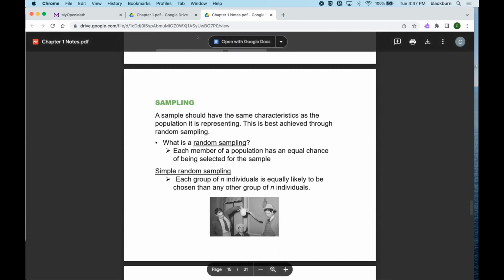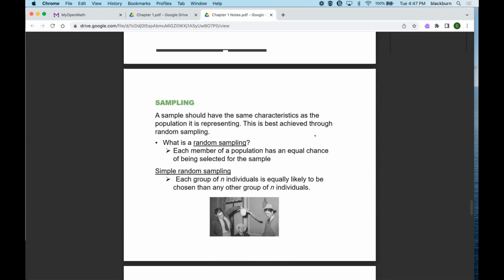Each member of a population has an equal chance of being selected for the sample. This is the best way to get a good portion of the population where we can make inferences about the whole population. Simple random, each group of n individuals is equally likely to be chosen than any other group of n individuals. That's simple random sampling.